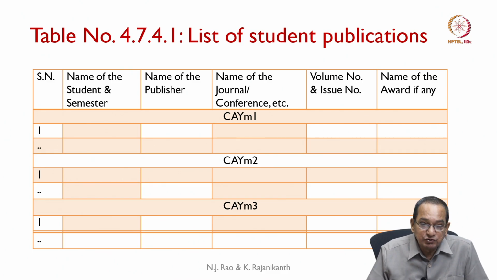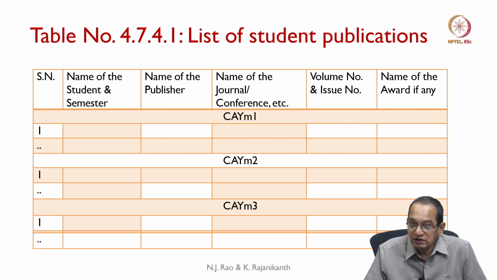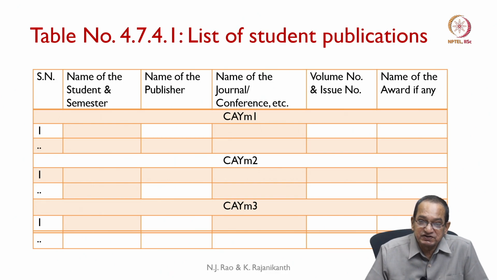So the name of the student and the semester the student belongs to, the name of the publisher, which specific conference or journal, the volume number, issue number, and if possible maintain a copy in the departmental files, but essentially you must give all these details. And if the paper has won any award, include the details of that: the name of the award, if any, for the past 3 years.